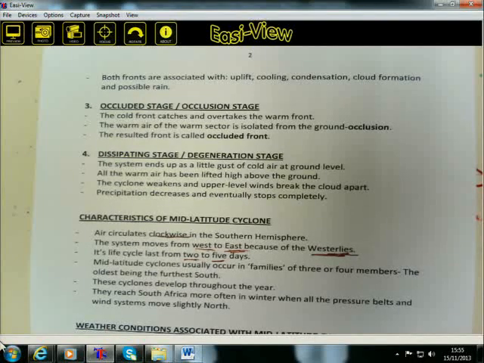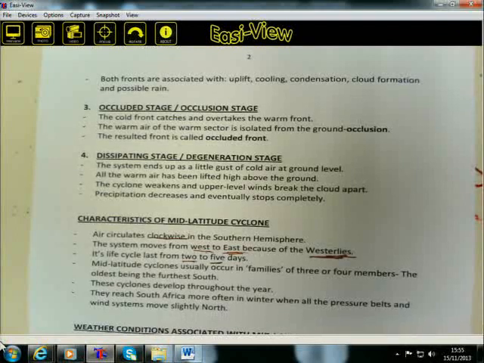The mid-latitude cyclones usually occur in families of 3 or 4 members.